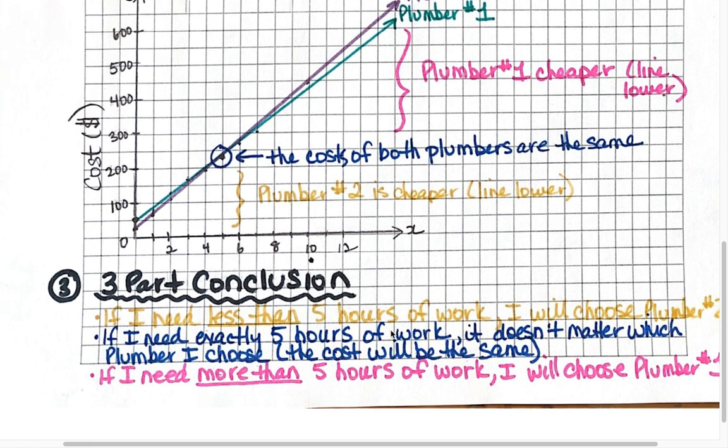Because this is an open-ended question and doesn't give you specific details about how long the job is going to take, you want to make sure that you write a 3-part conclusion so that you have all of the scenarios described. And then from there, once you get more information about the problem or once you analyze your own situation, you can decide which plumber would be the best option.